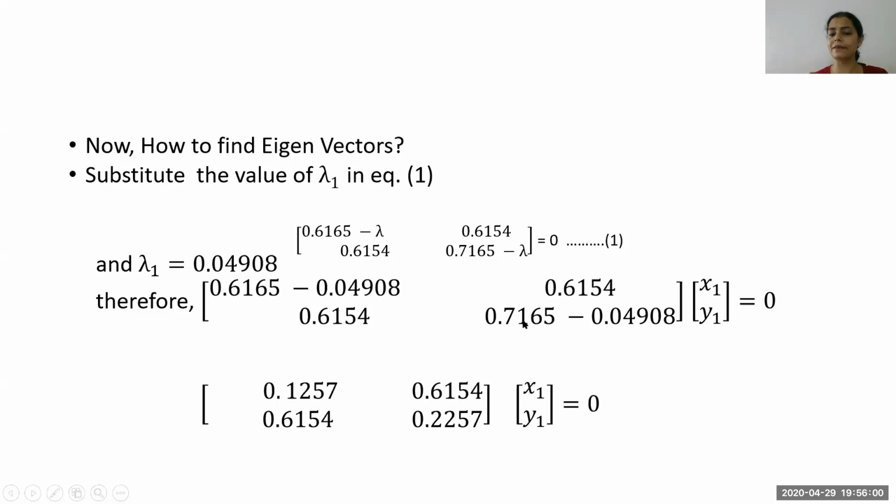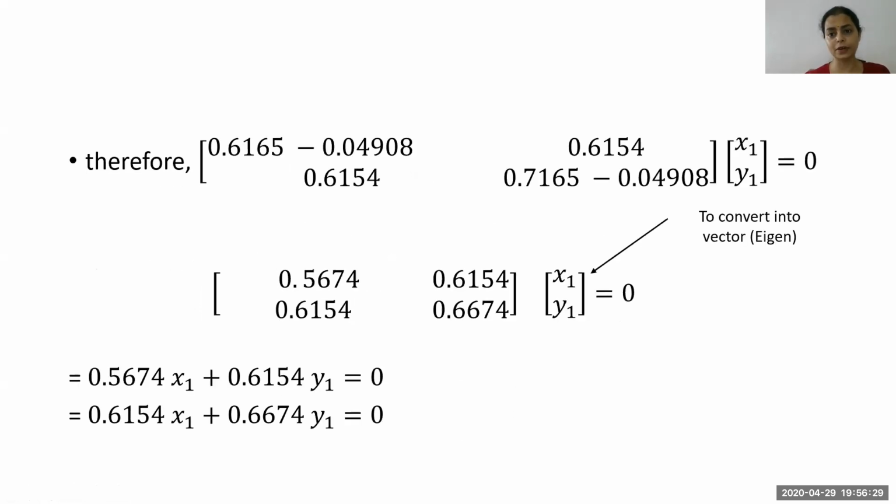Again here 0.7165 minus the value of lambda 1 into x1 y1. Why are we doing into x1 y1? Because we want to generate a vector. We are trying to generate eigenvectors. Now this is simple vector multiplication wherein we will do row into column and row into column, thereby yielding a vector. And this is what we want to generate.